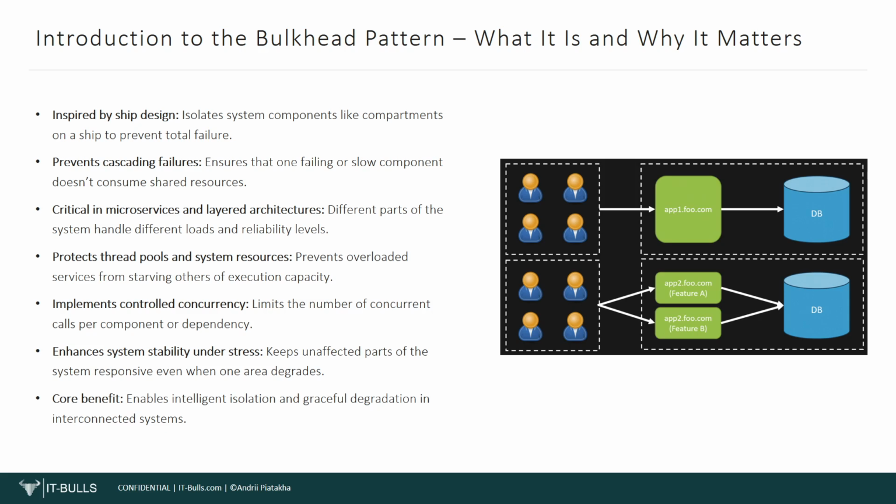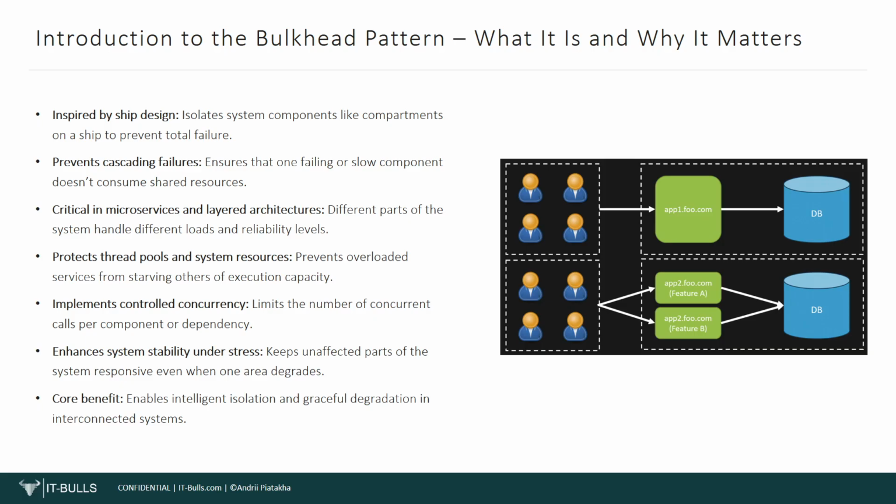Now, why does this matter? In a typical microservice or even a layered monolith, different parts of the system handle different types of workloads. Some calls might be to fast, reliable components, while others may involve external services that are slow or occasionally unavailable.